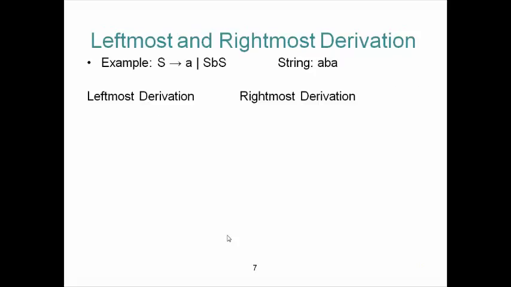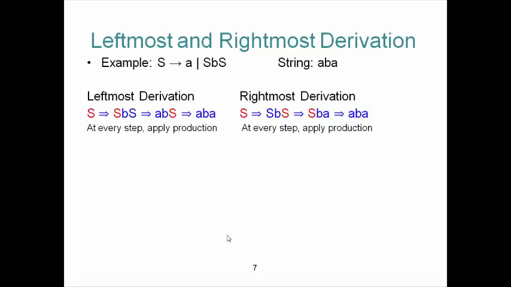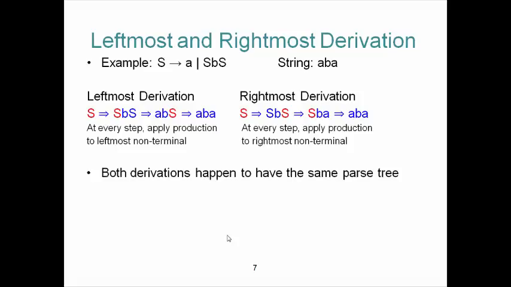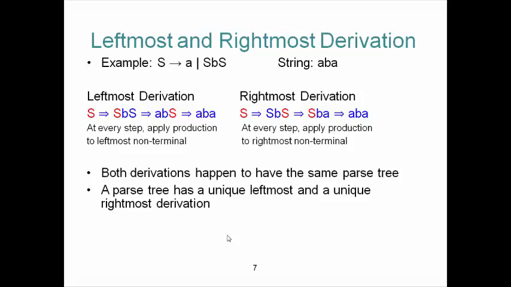The strings could be derived from a given grammar in multiple ways. The derivation could be leftmost or it could be rightmost. In leftmost derivation, the leftmost non-terminal symbol is replaced using the production rule, and in rightmost derivation, the rightmost non-terminal symbol is replaced using the production rules.